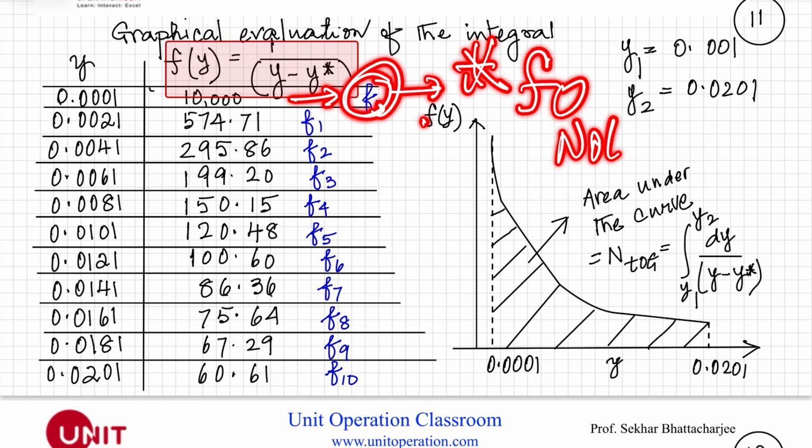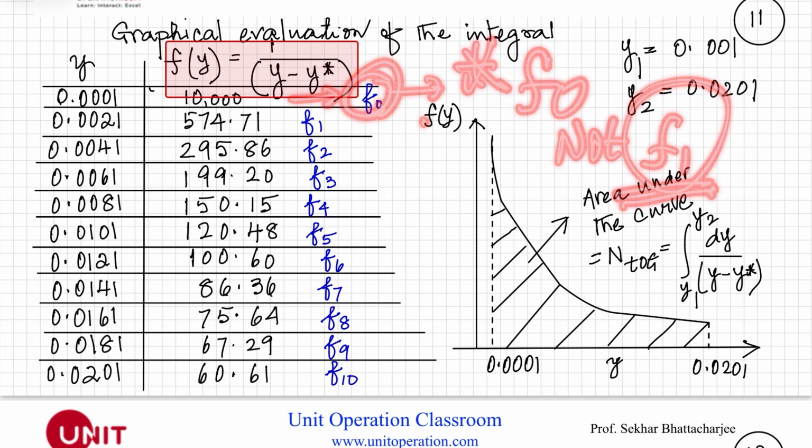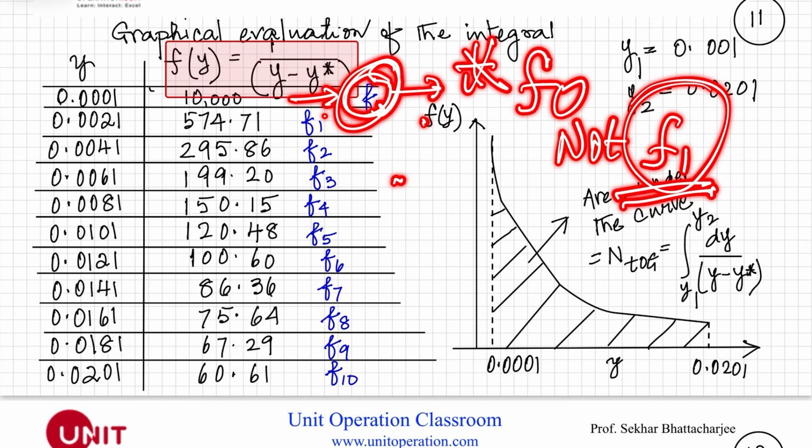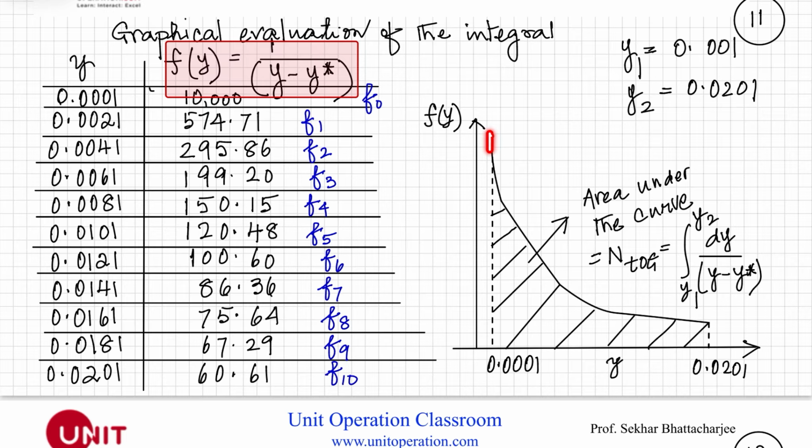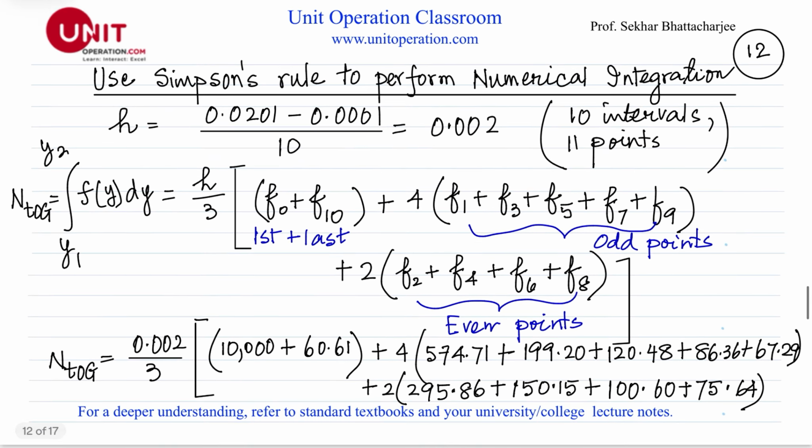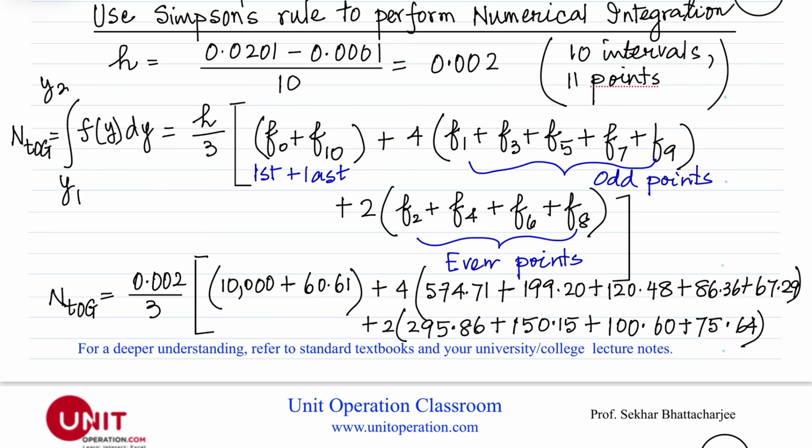Applying Simpson's rule would be difficult otherwise, I'll show you. So this has to be f0, then f1, f2, f3, all the way up to f10. This is the kind of plot we get. This is the top of the column, and this is the bottom of the column, where the gas is entering and where the gas is going out. Now we use Simpson's rule to do the integration. The step difference is of course 0.0201.